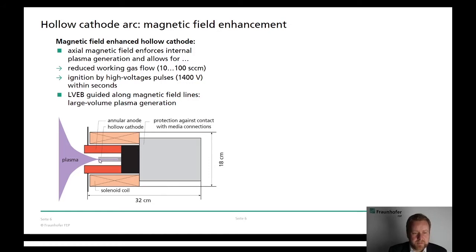So by using such a solenoid coil, which produces a magnetic field which is axial in the hollow-cathode, we can drastically reduce the working gas flow rate through the hollow-cathode and ignite this discharge very easily by high voltage pulses within some seconds. Additionally, the low voltage electron beam electrons are transported along the magnetic field lines into the chamber to produce a large volume plasma.